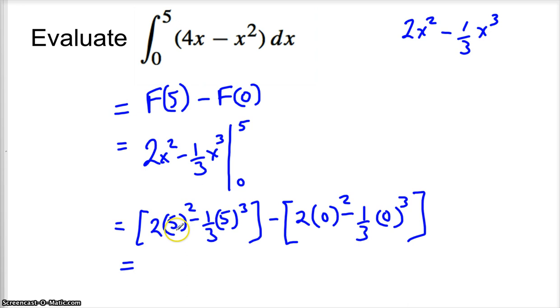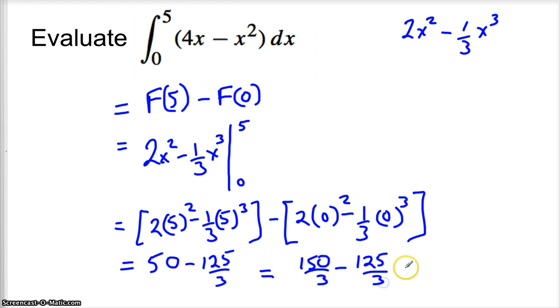So this is 5 squared, 25 times 2 is 50. 5 cubed is 125 over 3. We need a common denominator here. So that's 150 over 3 minus 125 over 3. And we get a final answer here, 25 over 3.